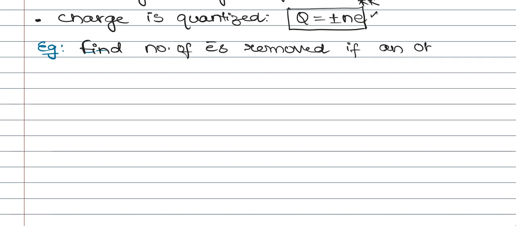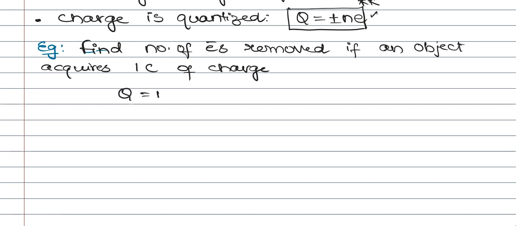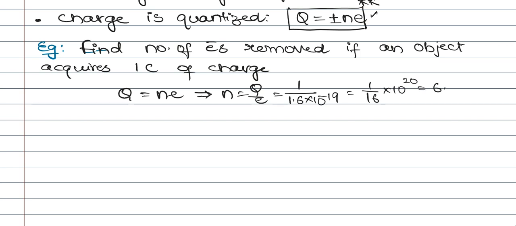We have to take Q is equal to Ne, or from this N is equal to Q by e, which is 1 by 1.6 into 10 to the power of minus 19, or I can write 1 by 16 into 10 to the power of 20, which is 6.25 into 10 to the power of 18 electrons.